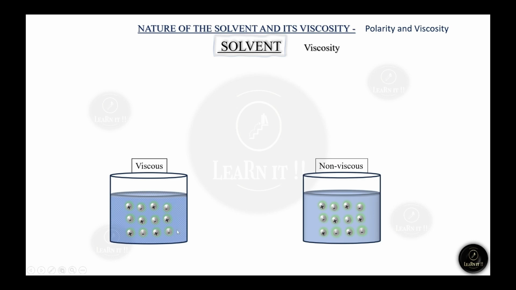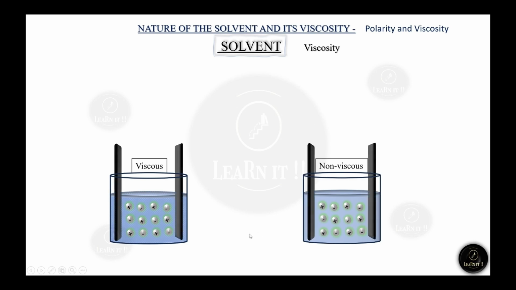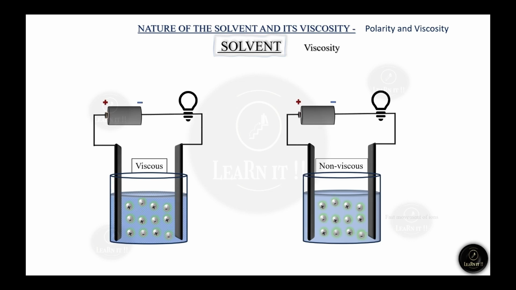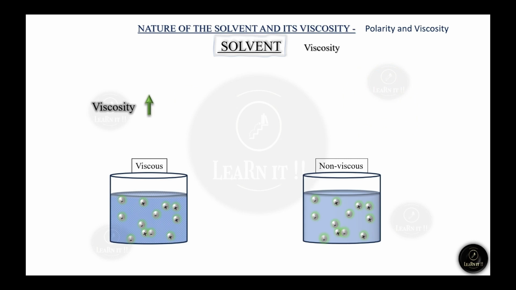So number of ions are same, but when we pass the electricity, in viscous fluids or solvents, the ions movement is slower, but in non-viscous fluids or solvents, the ions movement is faster. If the viscosity of the solvents increases, ionic mobility or movement decreases. So conductance decreases.